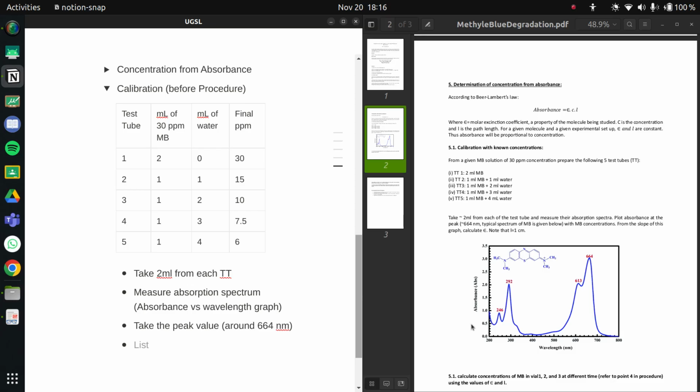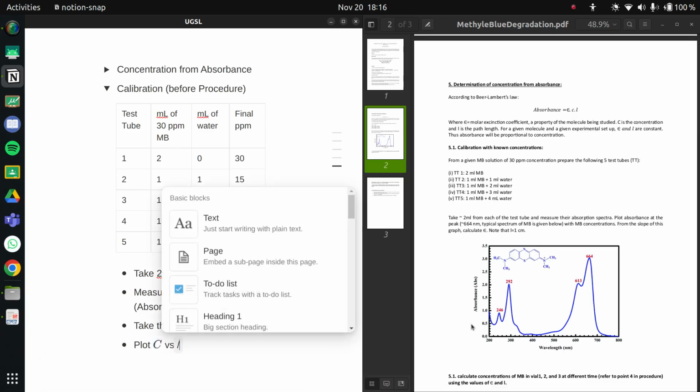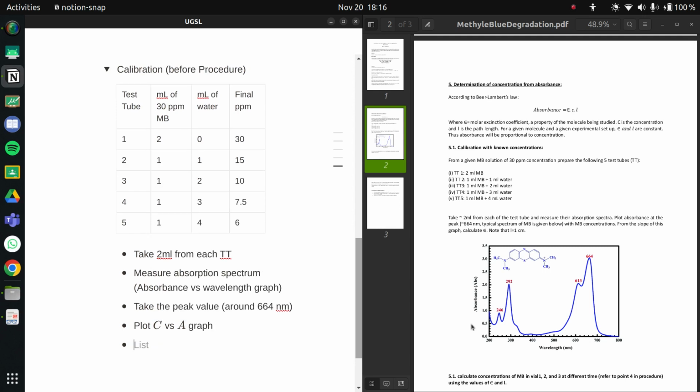Calculate epsilon. Okay. Plot concentration, whatever, C versus absorbance graph. Right. Alright. Then calculate the slope.